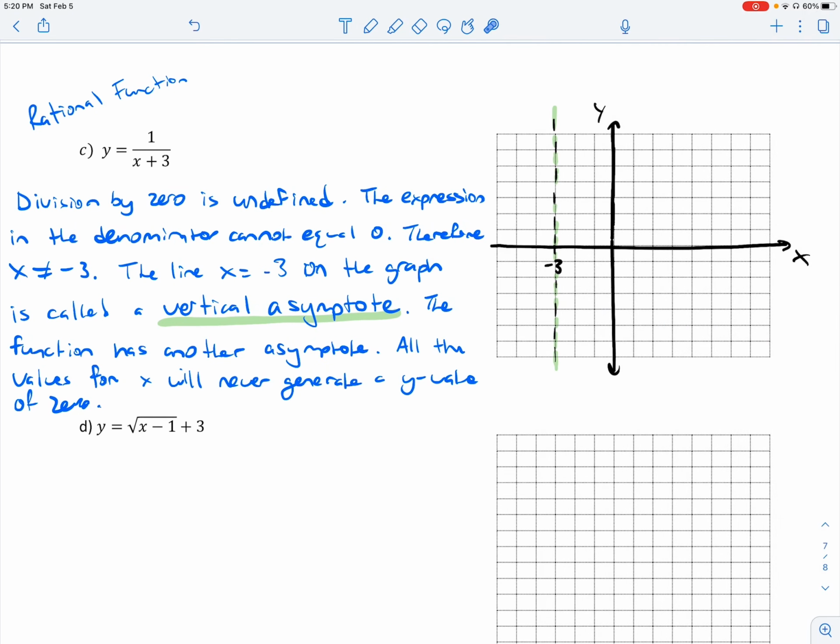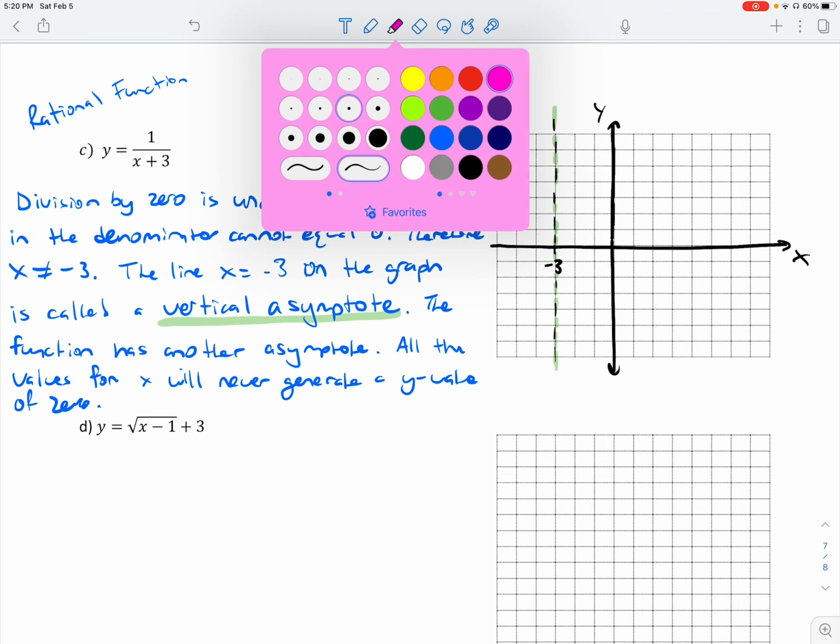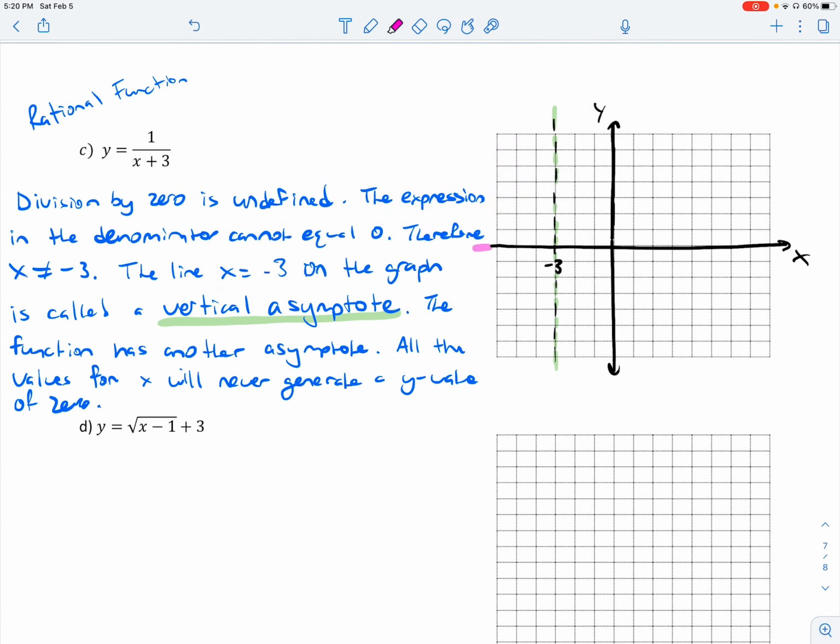I'm going to draw the second one. Okay, and I'm going to draw it right. I'm going to change the color. So this is actually called a horizontal asymptote this time, and it's along the x-axis when y is equal to 0. So just to get back to this a bit, the function has another asymptote.